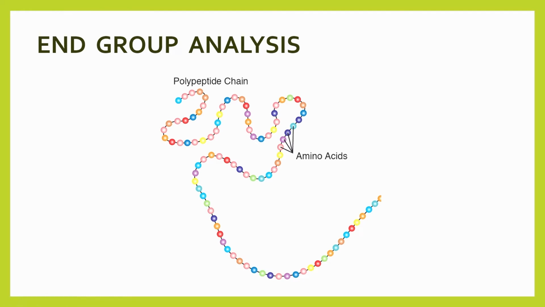Moving on to end group analysis. Here I have a polypeptide chain, and as we can see, it is made up of various amino acids, but we don't know, for example, what these amino acids are. End group analysis means analyzing the end part of the polypeptide chain to know whether it is an N-terminal or a C-terminal.